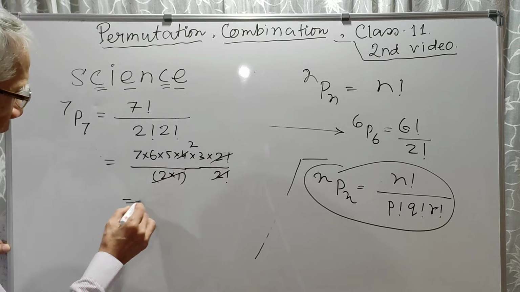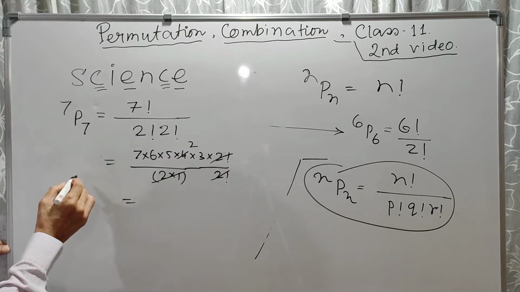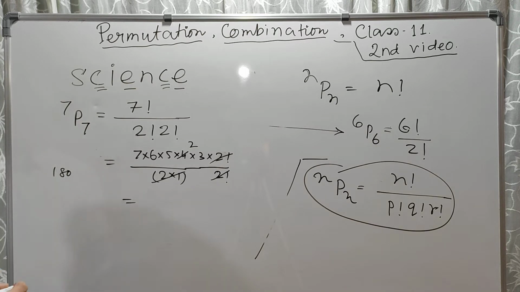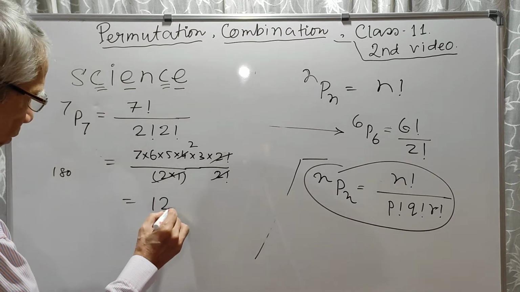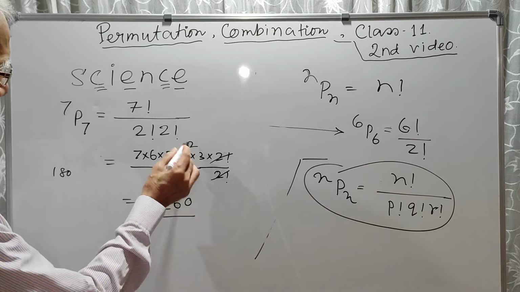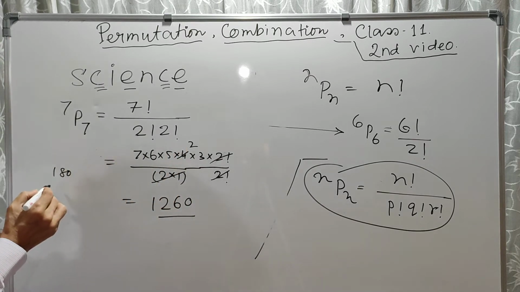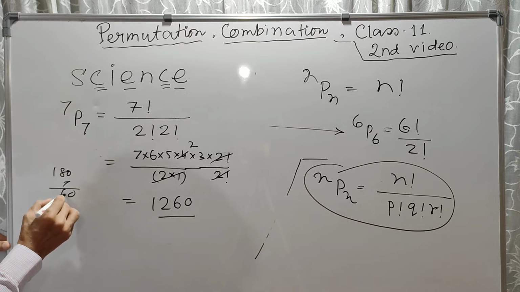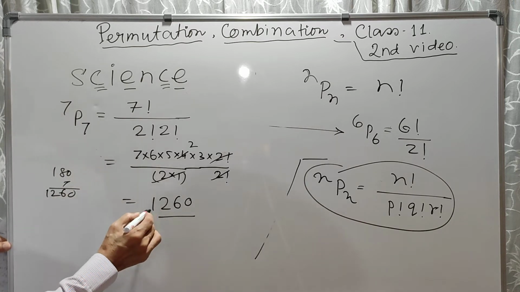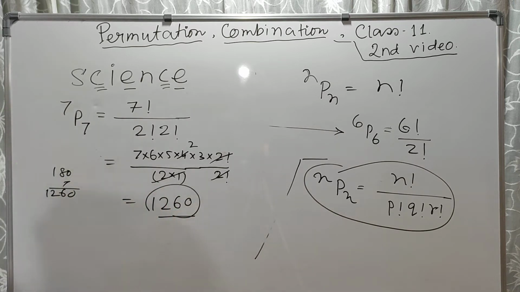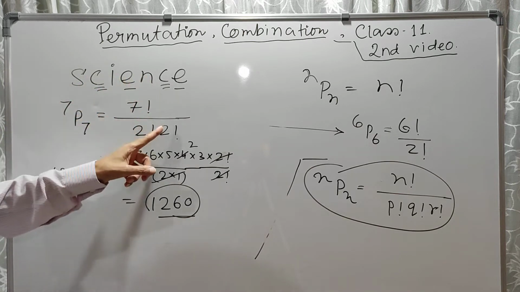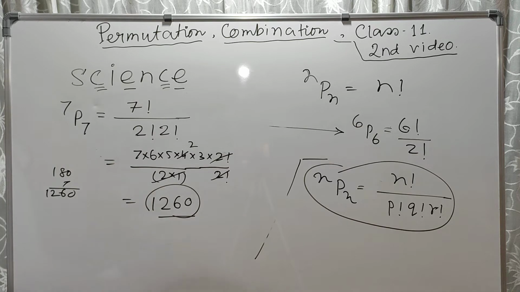So finally what do you get? 1260. So this is the answer. In this word SCIENCE, there is repetition of C and repetition of E, so that is how you have to divide.